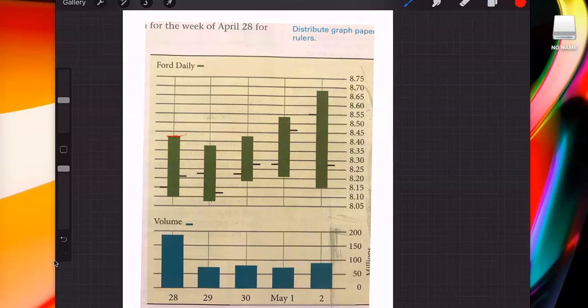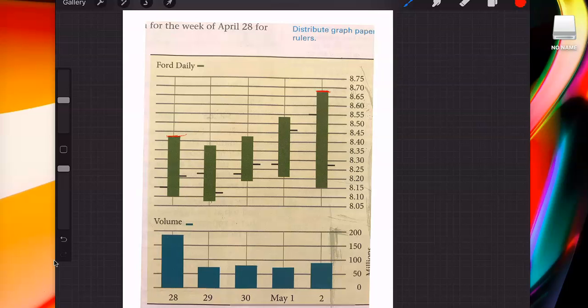That's sitting at about $8.42, which was our high for that day. If we're asking ourselves which day had the greatest high price, well, that's the last day, the 2nd of May, and it looks like we are sitting at about $8.67-68, somewhere in that range.